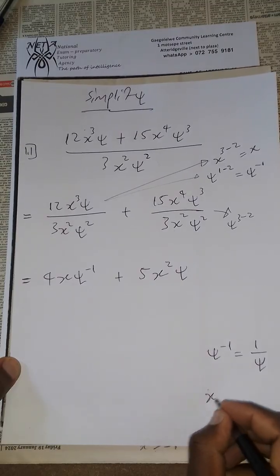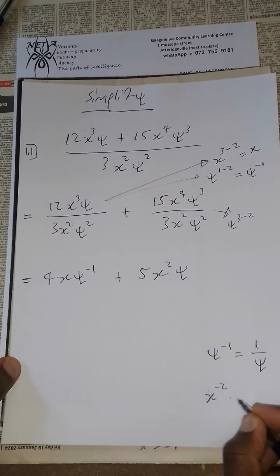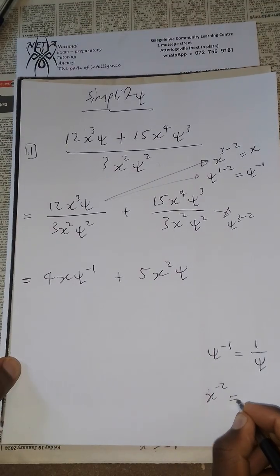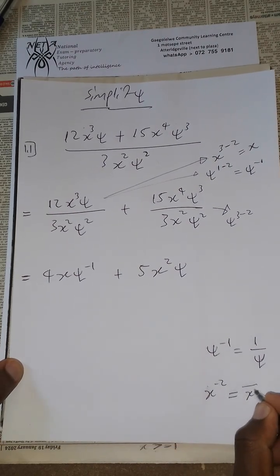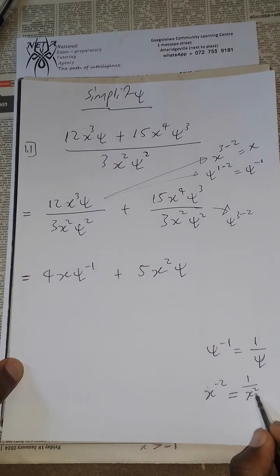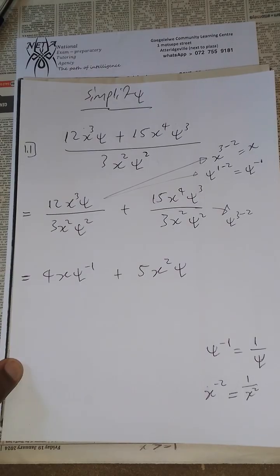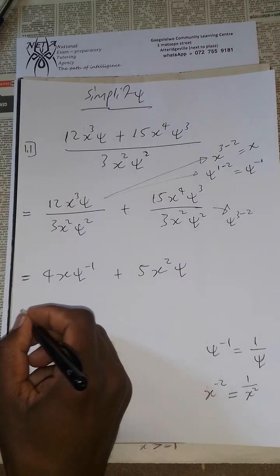So whenever you have x to the power of negative 2, you're going to get 1 over x squared. You can see that the exponent has been turned positive by converting it into a fraction of 1 over the base. Now that is the principle. That is how we convert a negative exponent to a positive exponent.